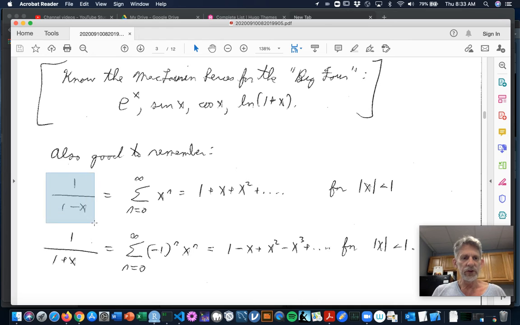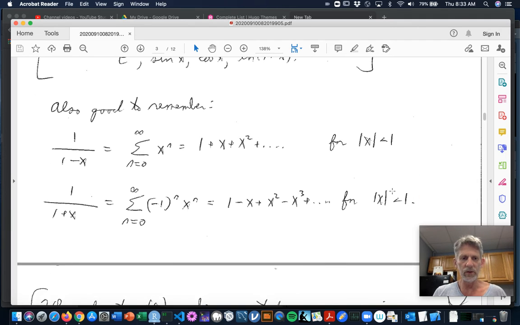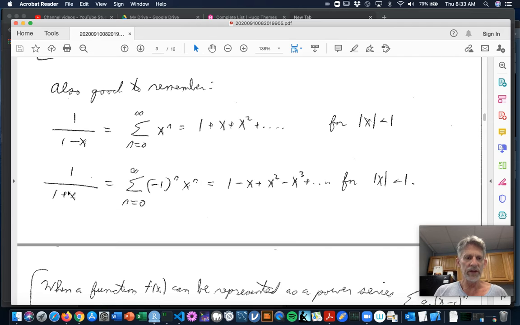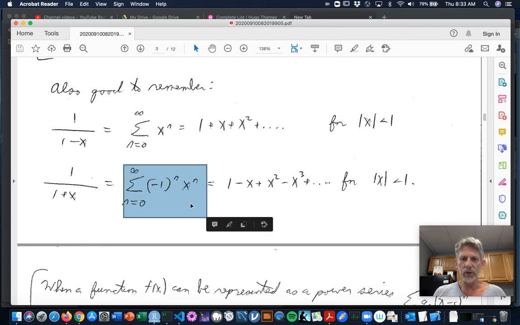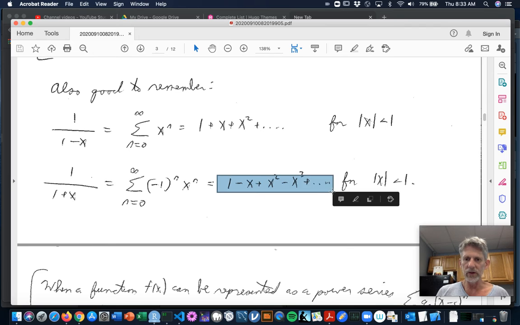The function 1 over 1 minus x can be expanded as a power series, and that convergence happens for absolute value x less than 1. 1 over 1 plus x, being 1 over 1 minus negative x, again using your geometric series facts, can be expressed as a power series, this little alternating looking power series, okay?